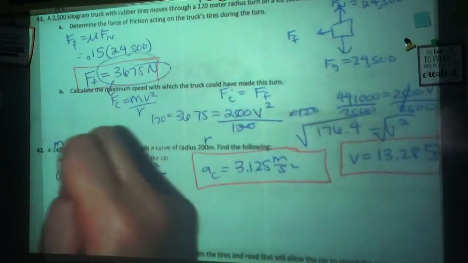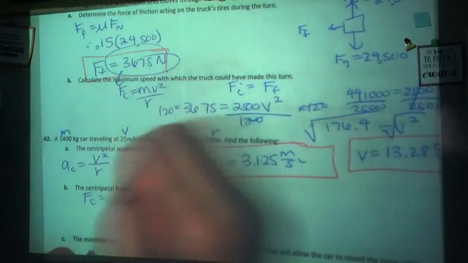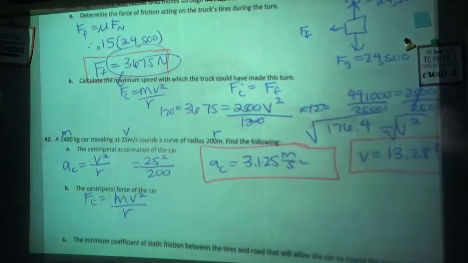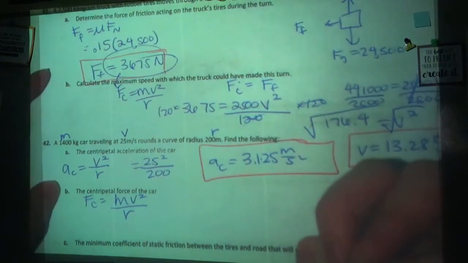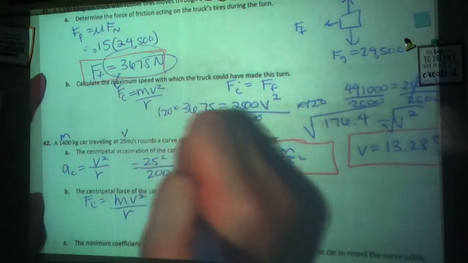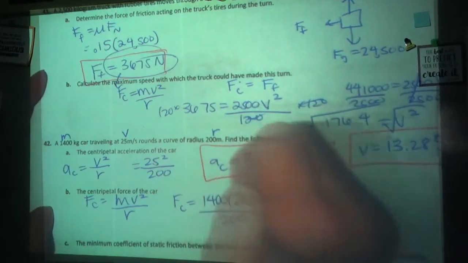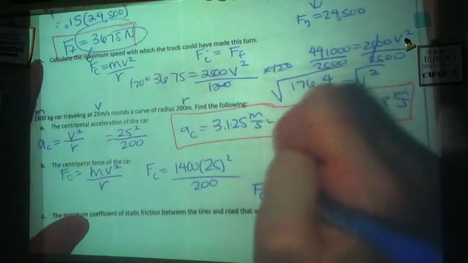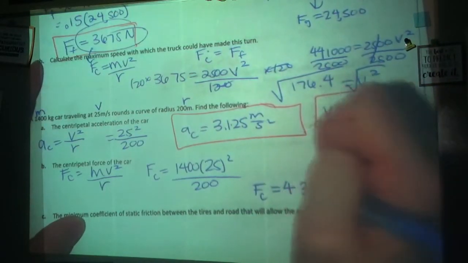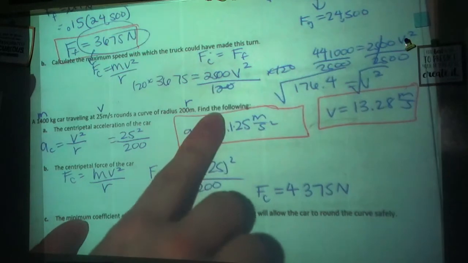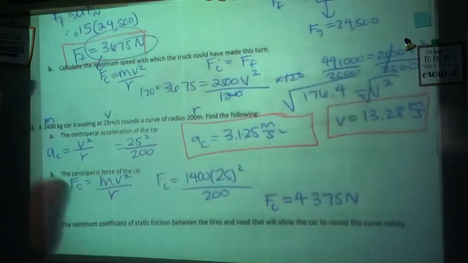Centripetal force is, you could just say times mass, or some of you like to just re-plug into the equation, mv squared over radius. And then you have 1,400, 25 squared over 200. That's going to give me a centripetal force of 4,375, which is the same as if I just took this acceleration and multiplied by the 1,400 kilograms.